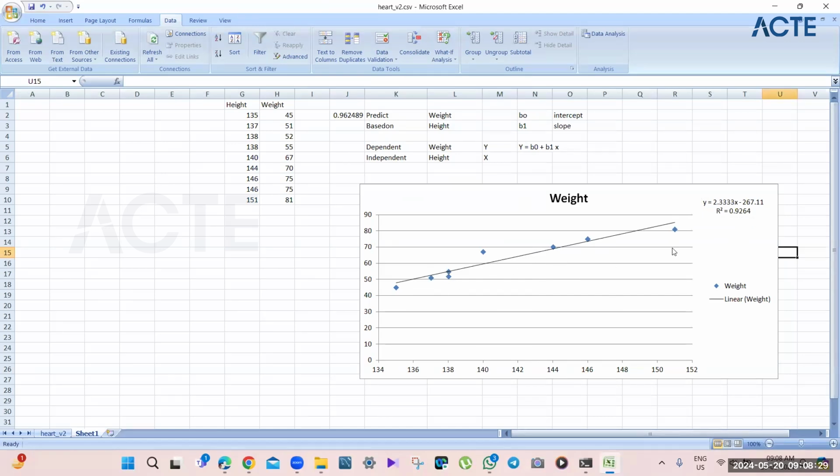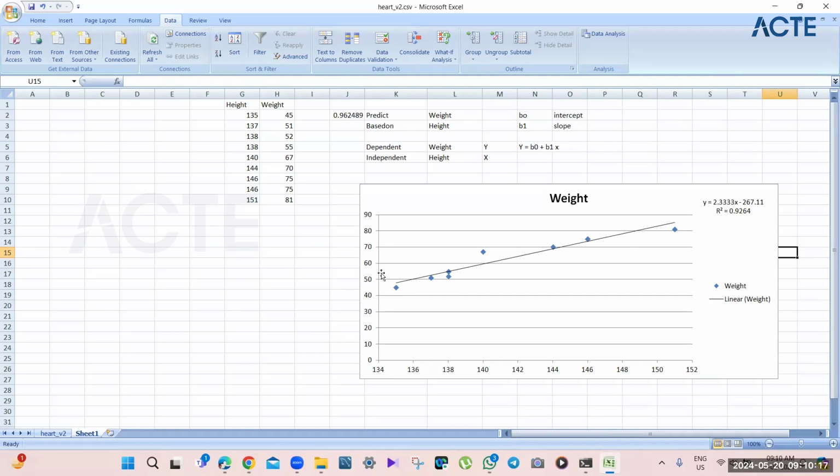Now, if you're talking about a line, then it's not possible for one line to go through all the points, right? Then it will not be a line, it will be a curve. But if we are talking about one line, then this is probably what Excel finds as the best line. If I bring the line towards the y-axis, somewhere between 40 and 50 it will have a cut.